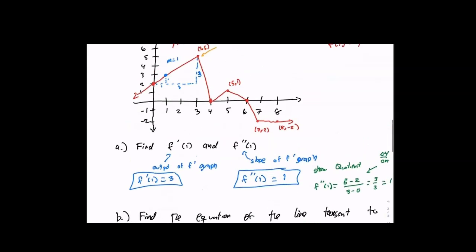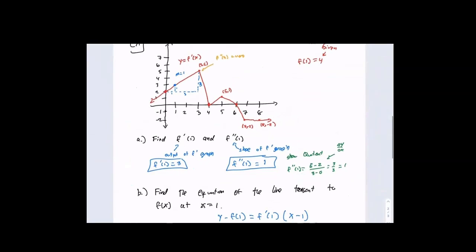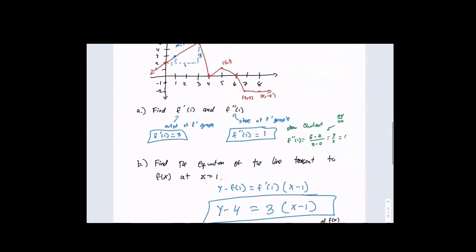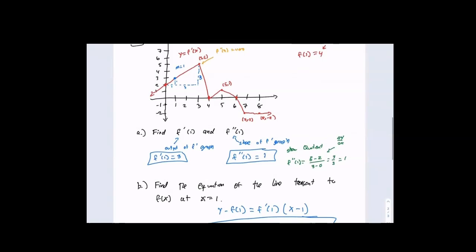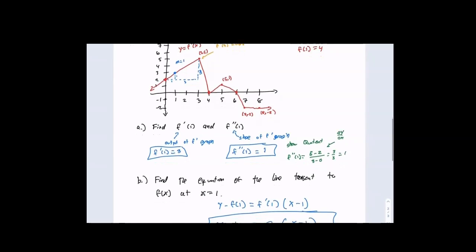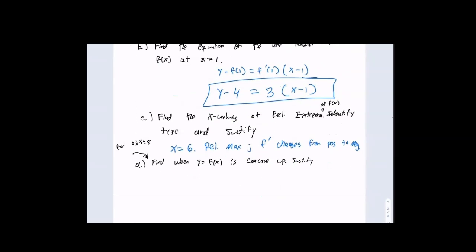So, knowing that, looking at this graph, going only from 0 to 8, when is the derivative increasing? When you see f concave up, you have to think f prime increasing.